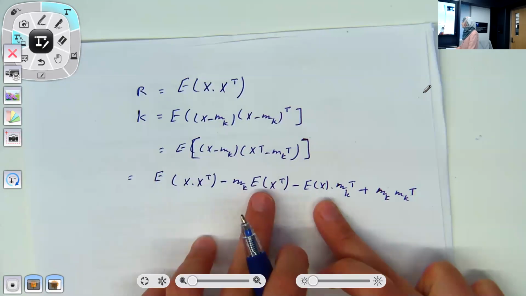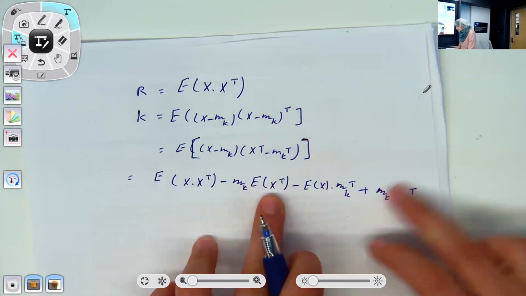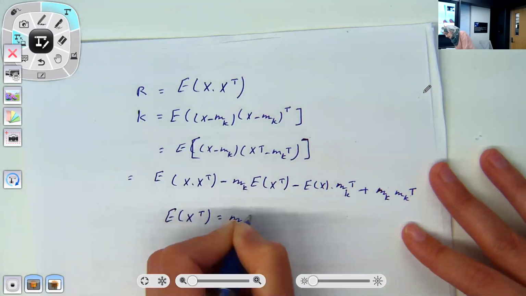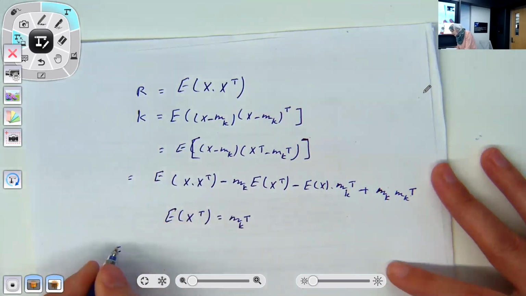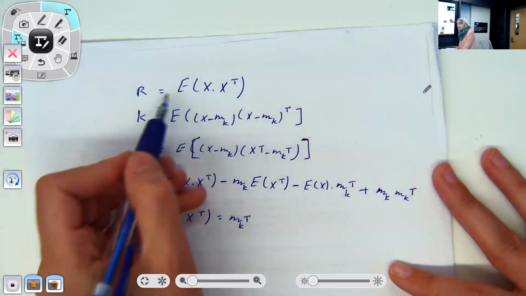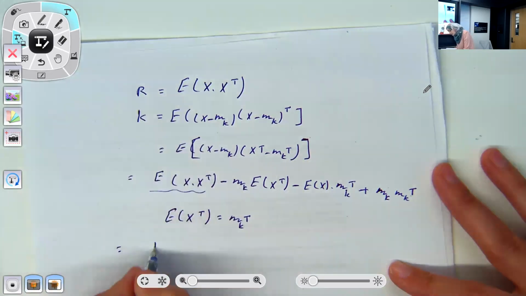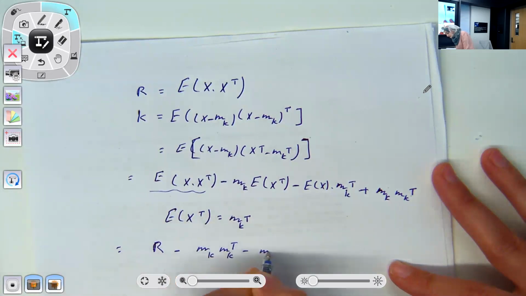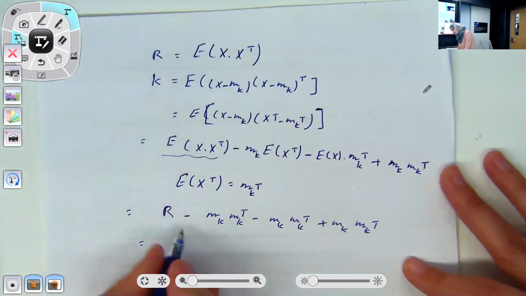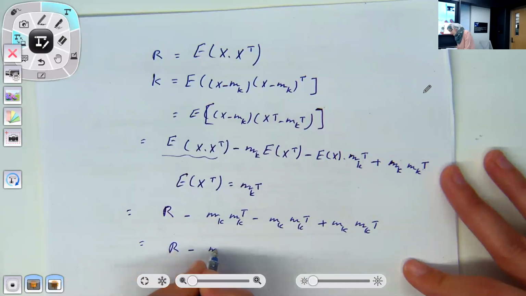And the expected value of X transpose equals mu X transpose. So we just need to simplify. The expected value of X times X transpose is the same as R, so this equals R minus mu X times mu X transpose, minus mu X times mu X transpose, plus mu X times mu X transpose. This is equal to R minus mu X times mu X transpose.